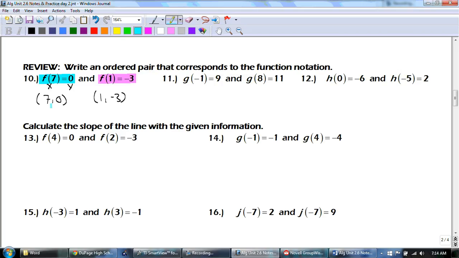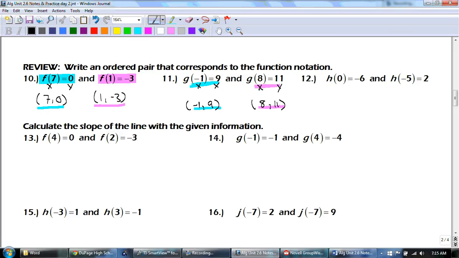Okay, so here's my blue, and there was my pink. Okay, and we do the same thing for each one. So here's my blue one, there's my pink one, and I like to keep things organized over here. So remember, this is my x and this is my y, so it's -1, comma 9, and there's my x, there's my y, so it's 8 and 11.